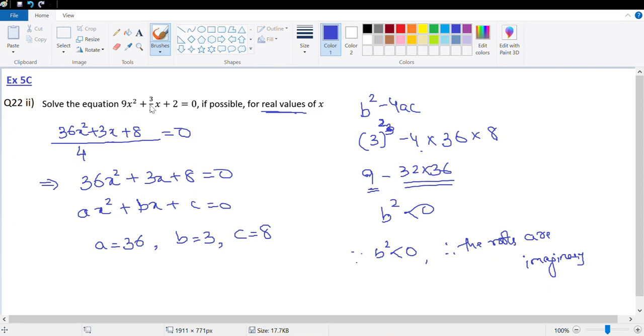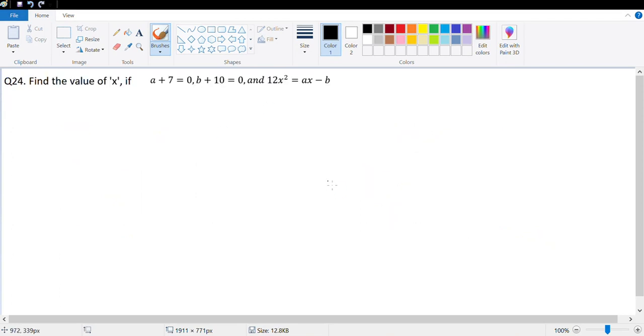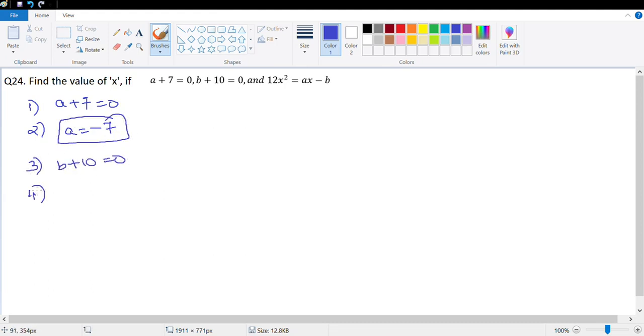The next question that we do is question number 24. It says find the value of x if a plus 7 is equal to 0, b plus 10 is equal to 0 and 12x squared is equal to ax minus b. So if a plus 7 is equal to 0, what we get is a is equal to negative 7. Next, b plus 10 is equal to 0, which means b is equal to negative 10.